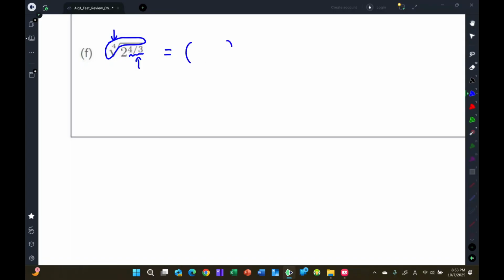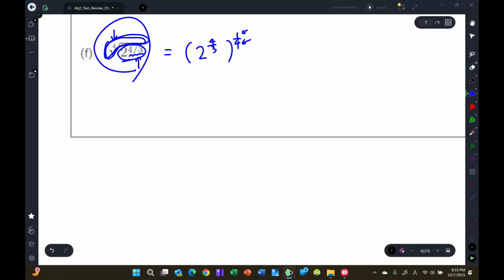So if I put parentheses and write 2 to the 4 over 3 power, which is inside right here, I can rewrite the fourth root as 1/4. Isn't that true? Because 1/4, you know, top powers and bottom roots. So having 4 in the denominator of the fractional exponent means it's a fourth root. So this is exactly the same thing as this whole thing, right?